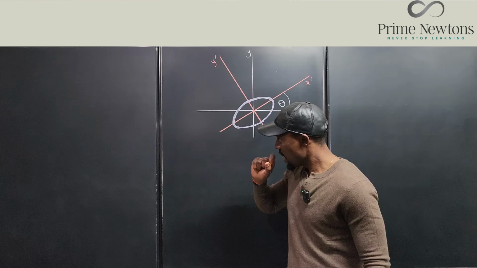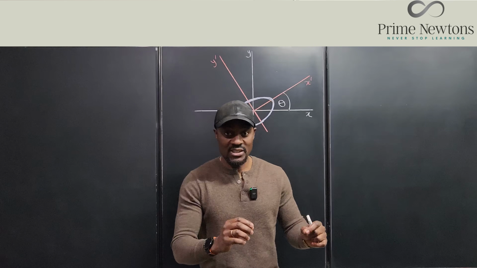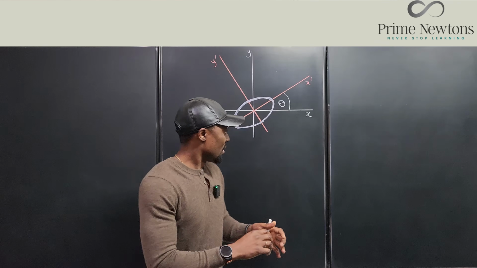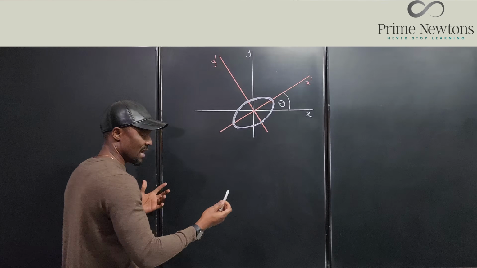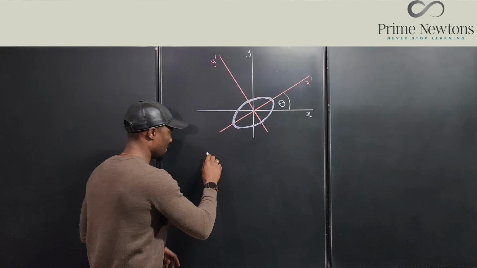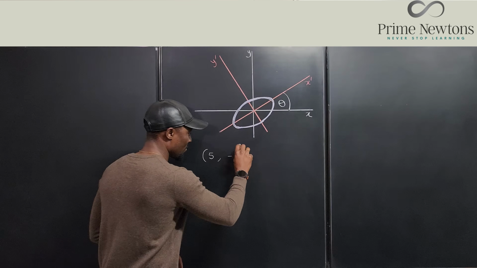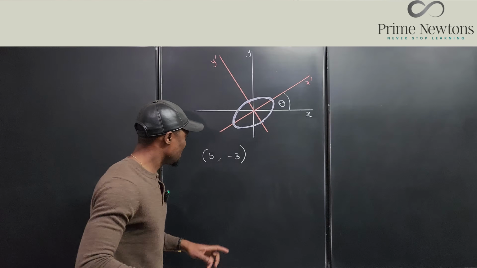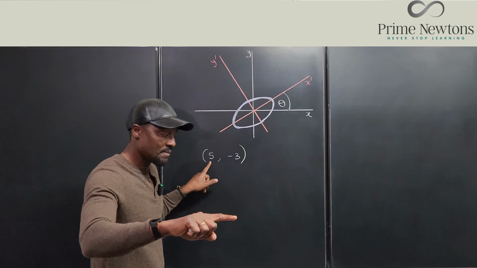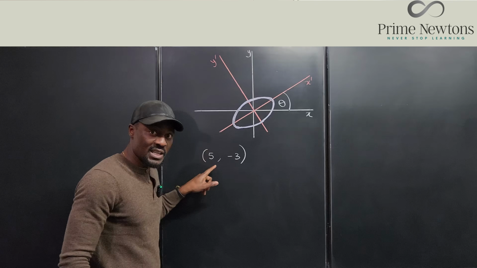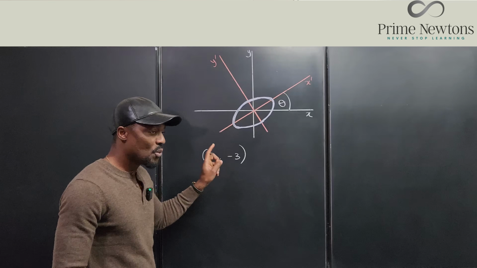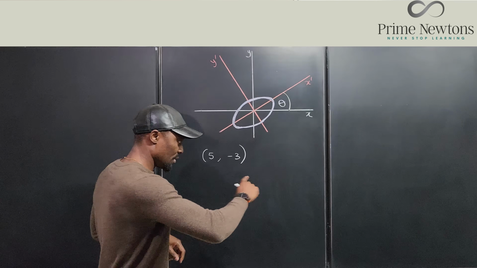Okay, now, typically, if I say x equals 5, for example, I just want to use this to explain. If I choose a point 5, -3, all I am saying is if I travel horizontally, this point is 5 units away from 0 if I travel horizontally.